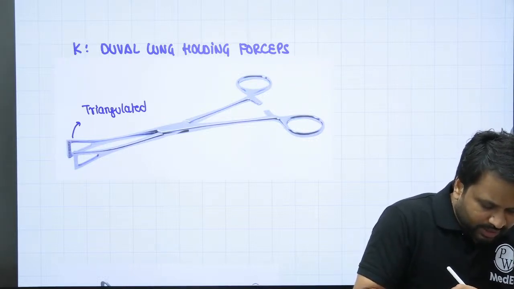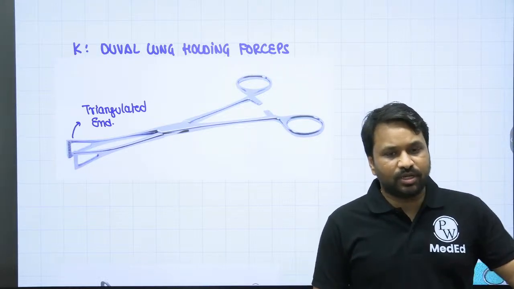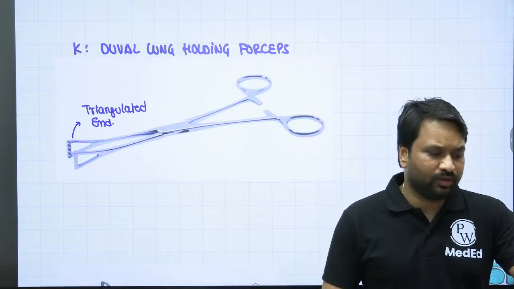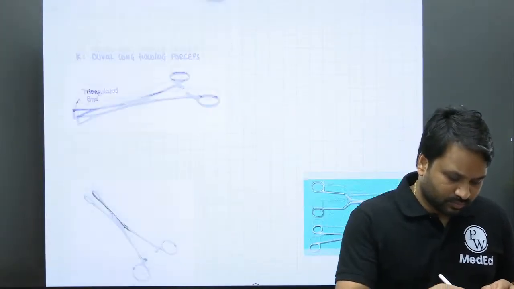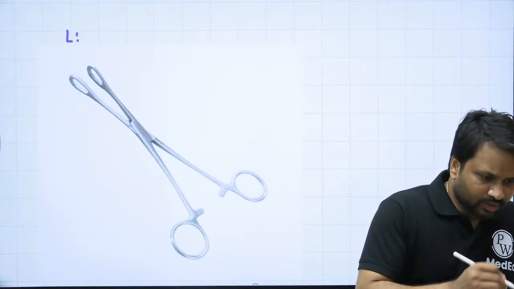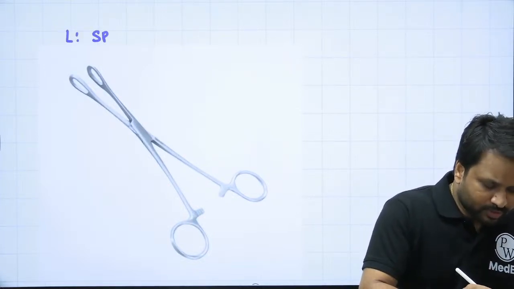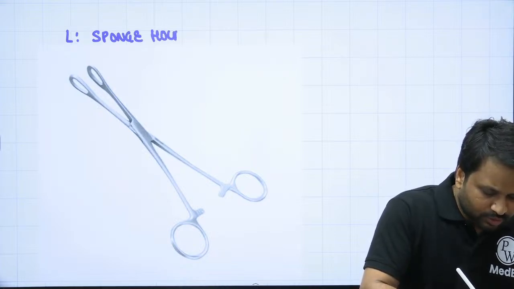If you have the triangulated end, these are your dual lung holding forceps. This is instrument L. Now this is nothing but sponge holding forceps.